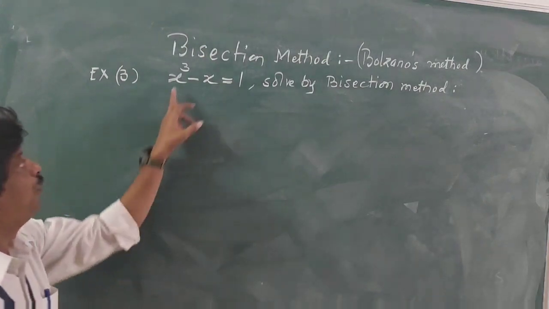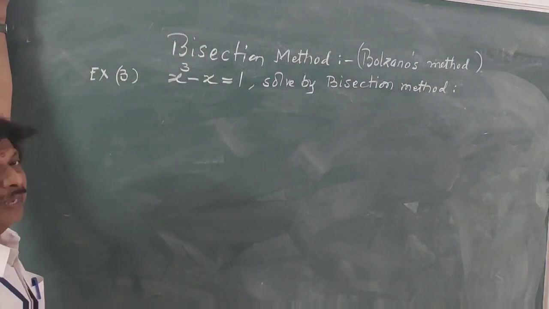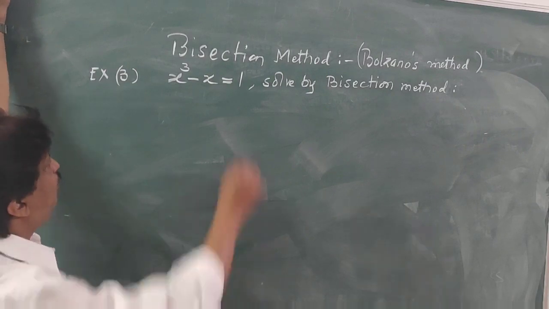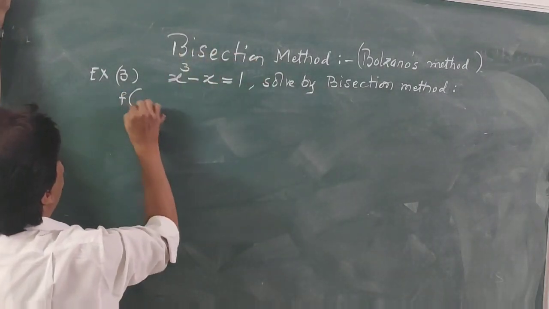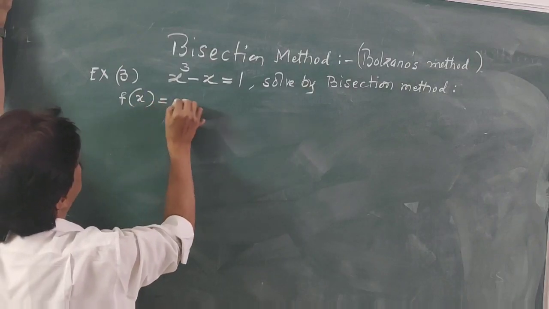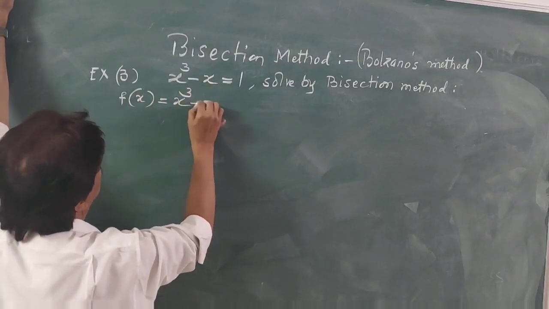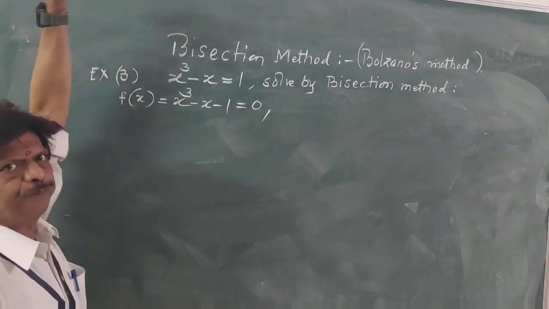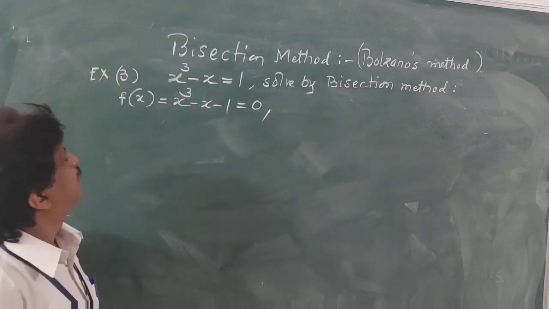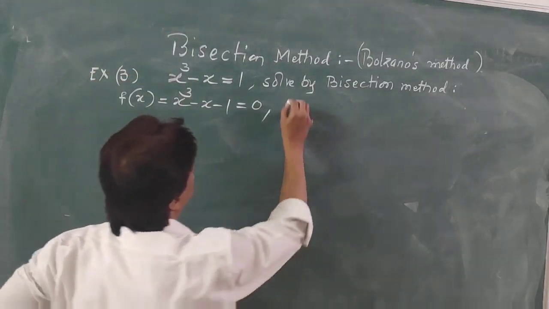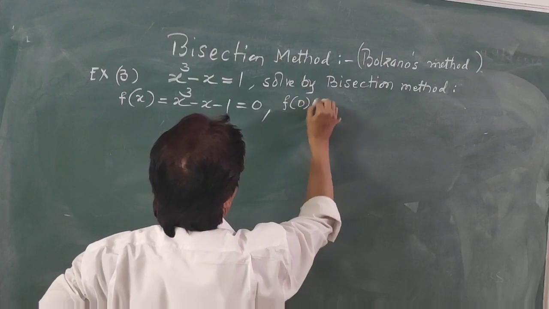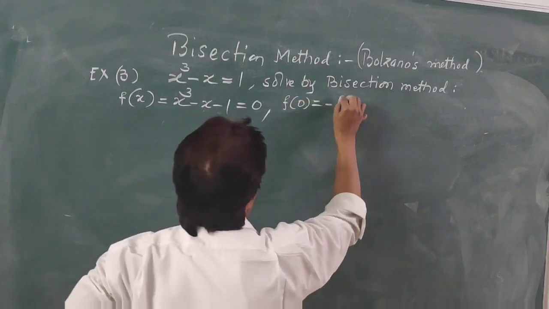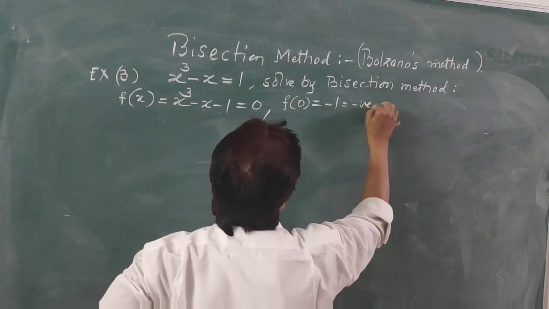Now, this is an algebraic equation, not a transcendental equation. We put it in the form f of x equal to 0, so it is x cube minus x minus 1 equal to 0. What is f of 0? f of 0 is 0 minus 0 minus 1, negative.